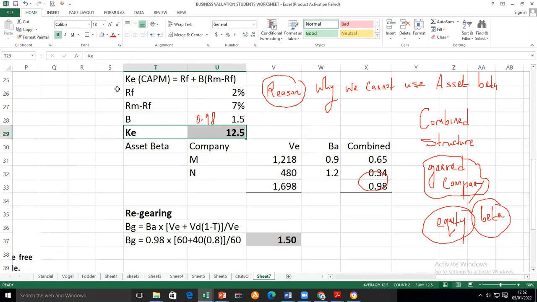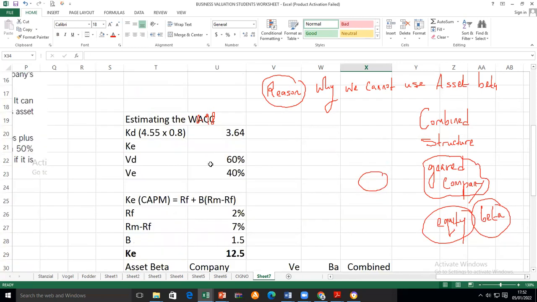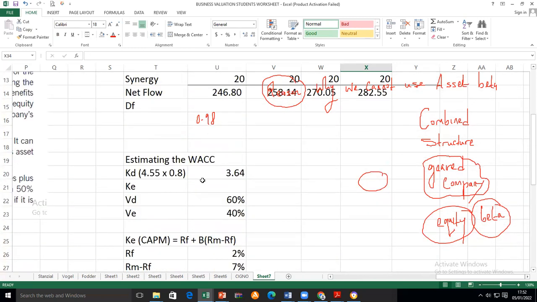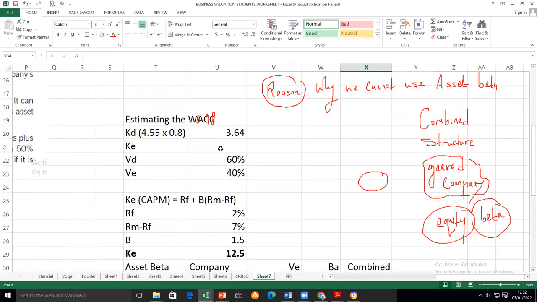Is that what we are having? So that's 12.5.